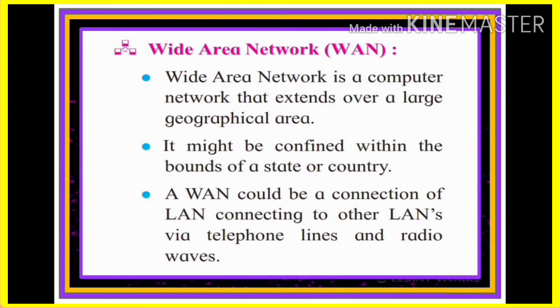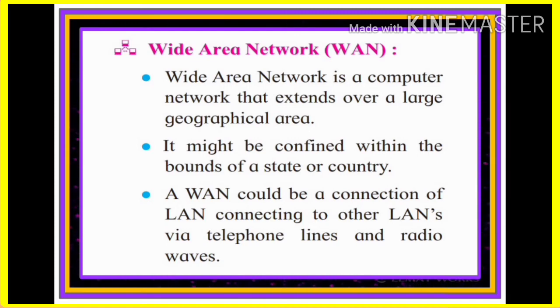Third type is wide area network, that is WAN. Wide area network is a computer network that extends over a large geographical area. It might be confined within the bounds of a state or country.